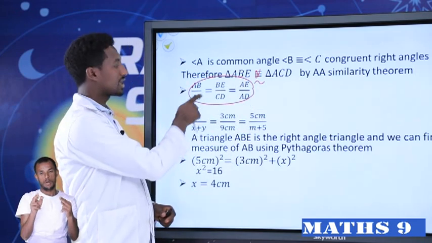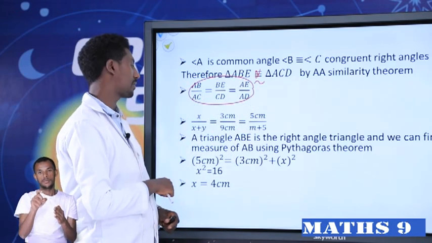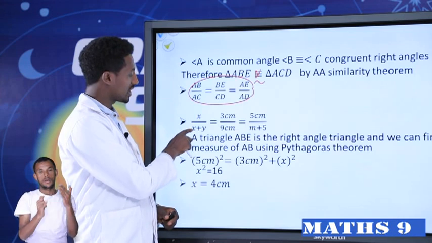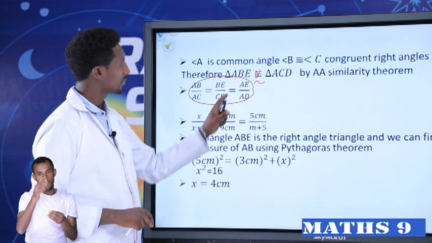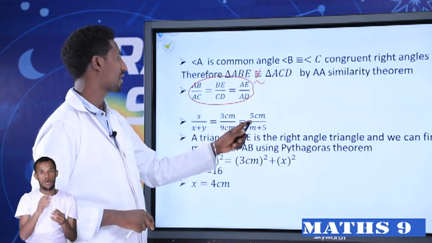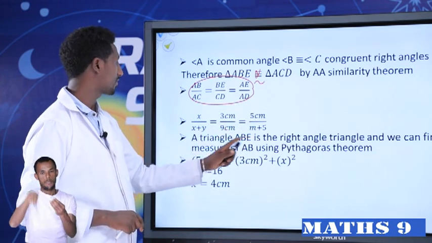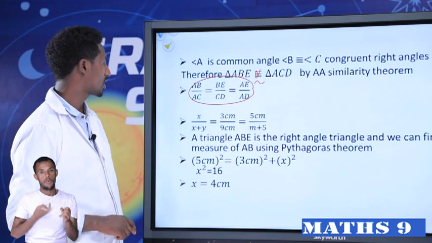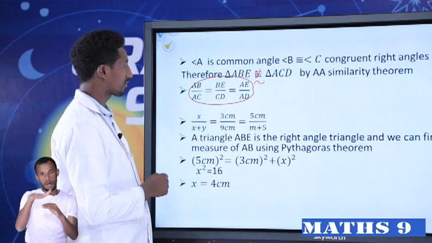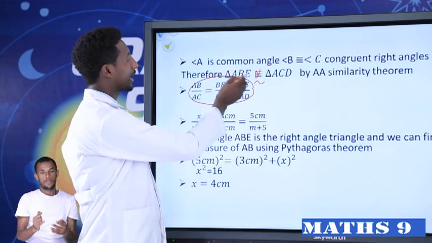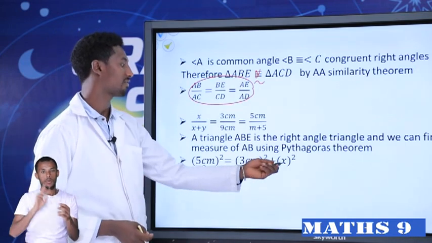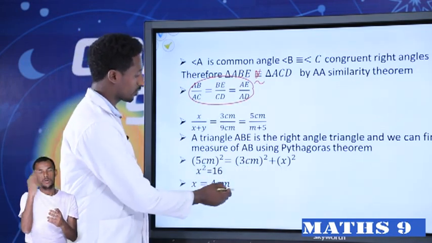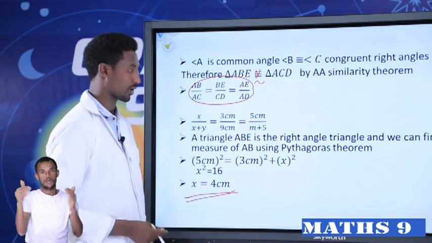So here AB is x, which is denoted in the above figure, over AC, which is x plus y, and BC is given, 3 over 9. And AE is 5 over m plus 5. We can compute from the above figure, triangle AB is a right angle triangle, and we can find the value of x using the Pythagoras theorem, and it's equal to 4.